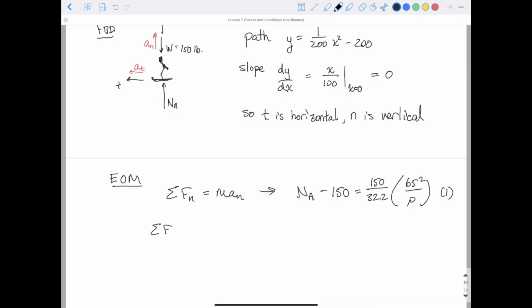Next, our tangential forces are equal to our mass times our tangential acceleration. Our tangential forces, we don't have any. And that's equal to our mass times a_T. And since our mass is not zero, that means a_T must be zero.